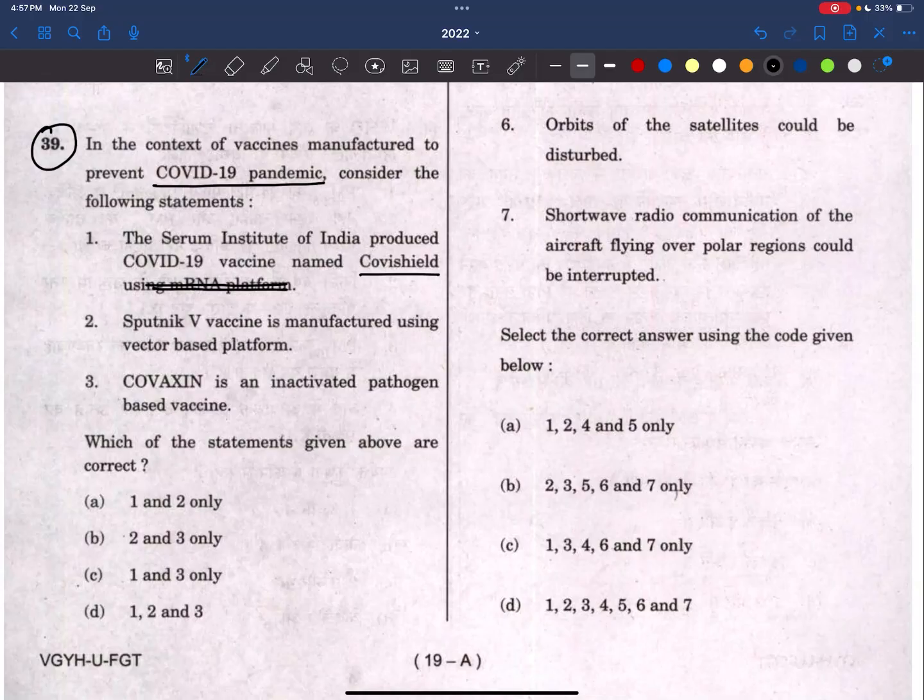It is built on recombinant technology where a chimpanzee adenovirus is taken, and it tries to replicate the SARS-CoV spike.